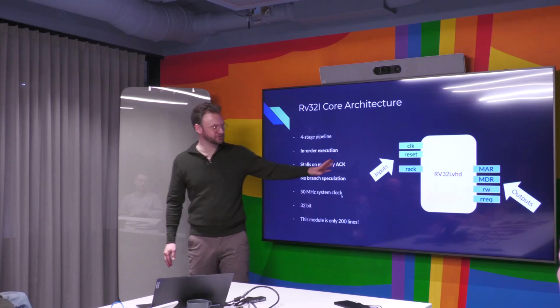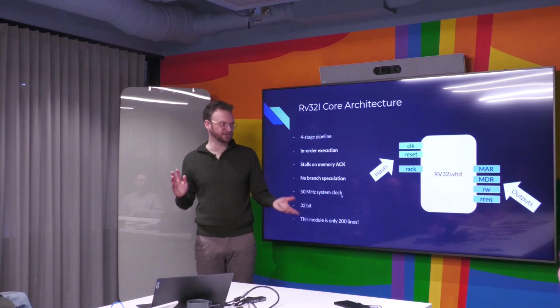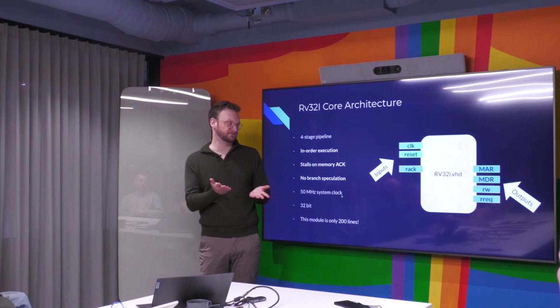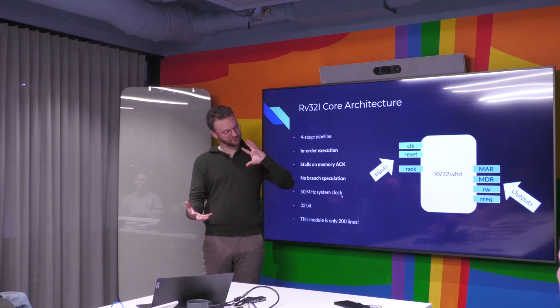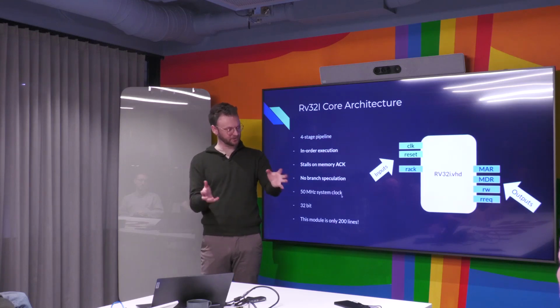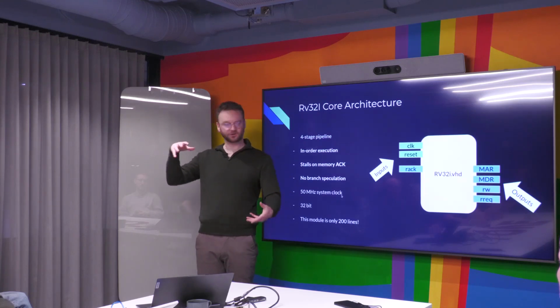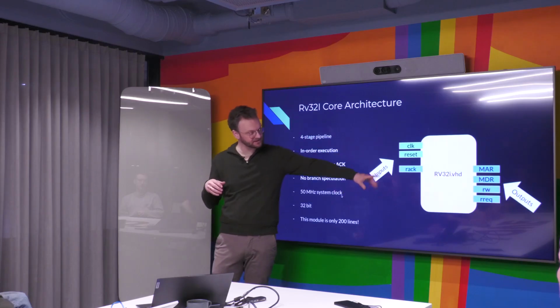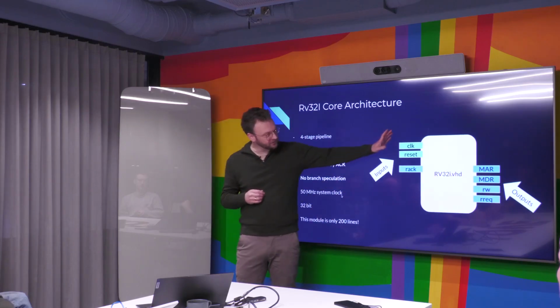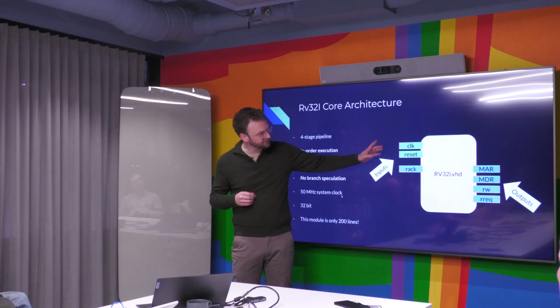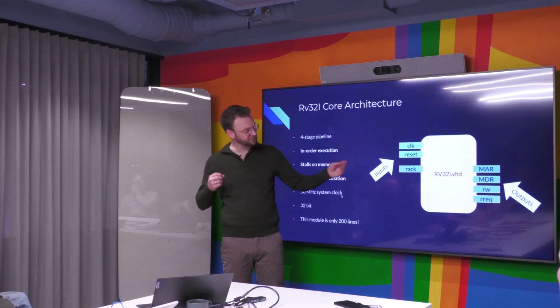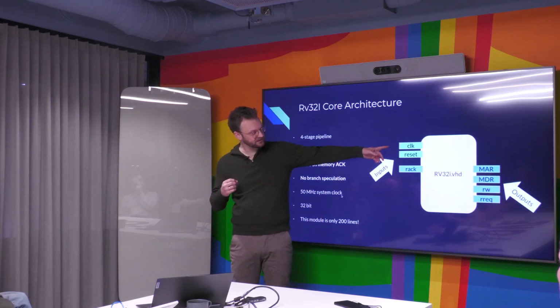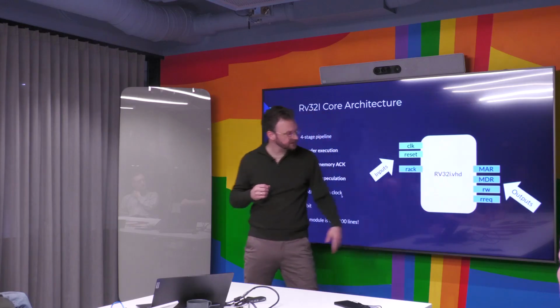For those who are not used to VHDL modules, when you make VHDL logic, you make entities, basically a component like this. And at the top level, you always say first what the input signals are and what the output signals are.